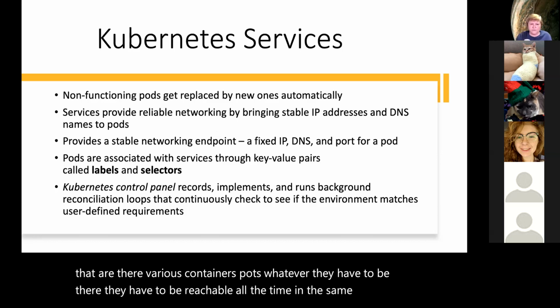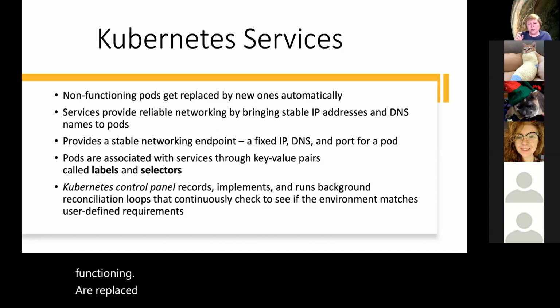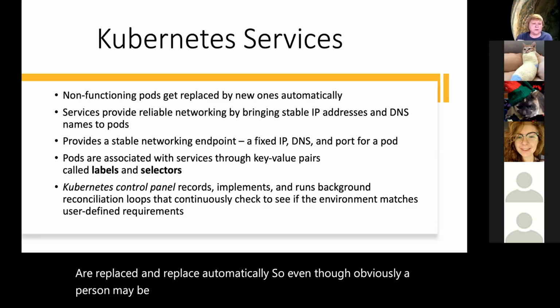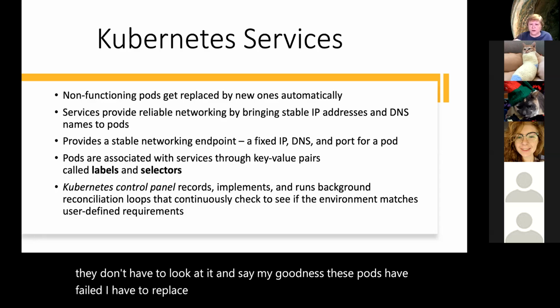So one of the big tasks for Kubernetes is to make sure that pods that stop functioning are replaced, and replaced automatically. Even though a person may be monitoring this system through the master node, they don't have to look at it and say, oh my goodness, these pods have failed, I have to replace them. Kubernetes will do that automatically.